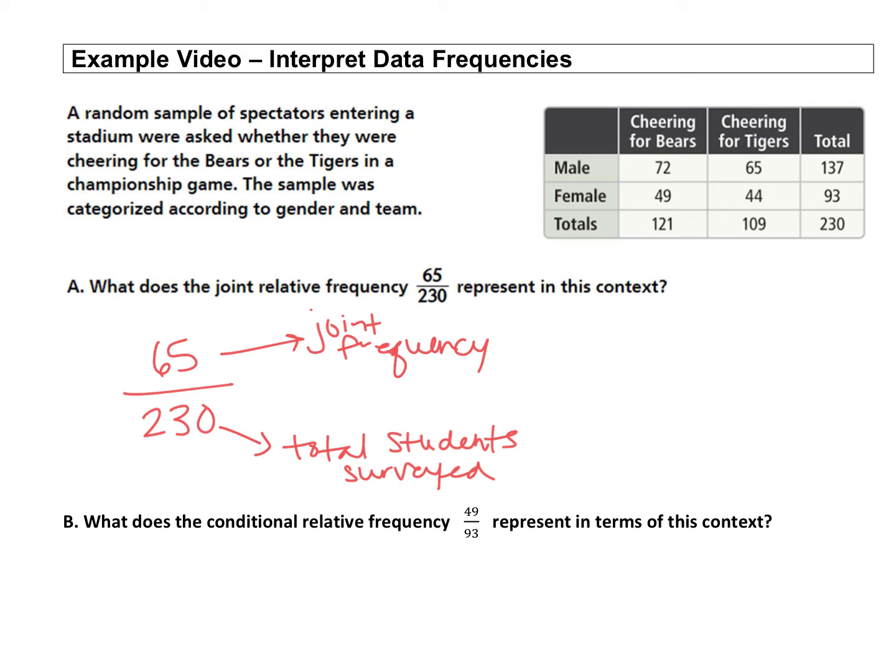So 65 males cheered for the Tigers. So 65 out of 230 represents the ratio of male Tigers fans to the total number of people surveyed.